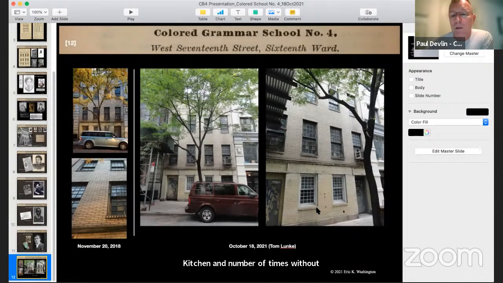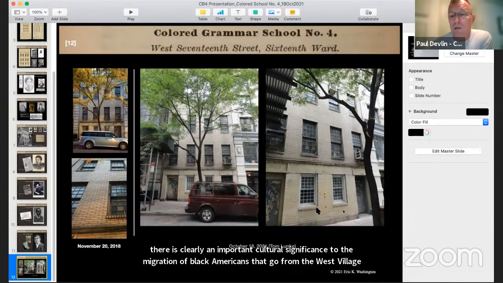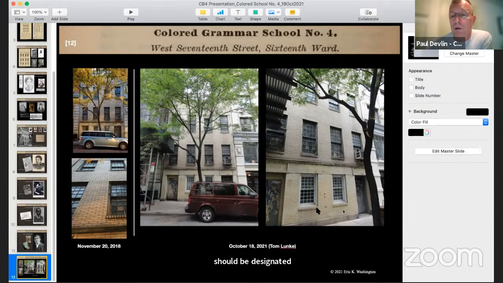But there is clearly an important cultural significance to the migration of Black Americans that go from the West Village through Hell's Kitchen and up into Harlem. And there are many sites here in our neighborhood, in our district, that should be designated as culturally significant. So that's a component of our letter that we're going to also consider, given that this committee votes in favor of sending a recommendation to designate this as a historic site. Good point.